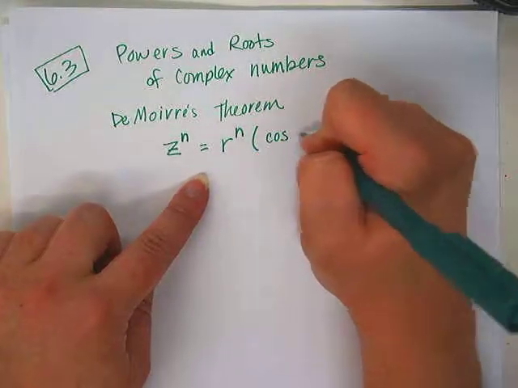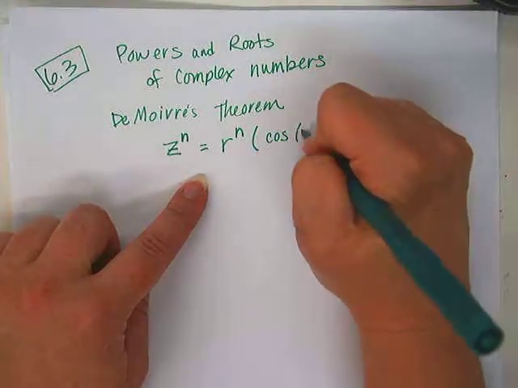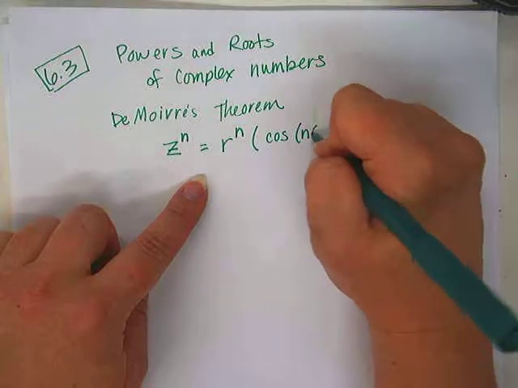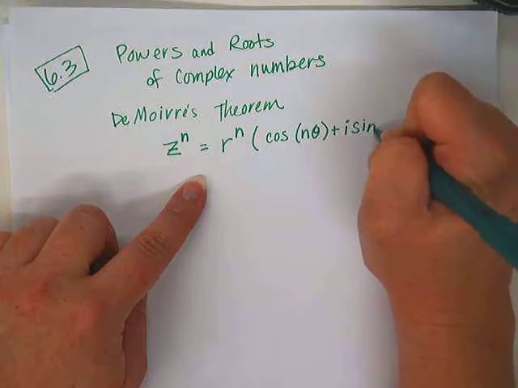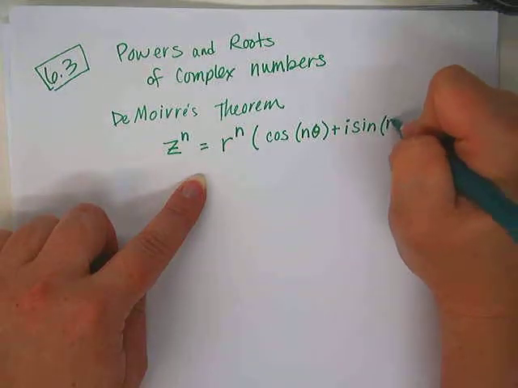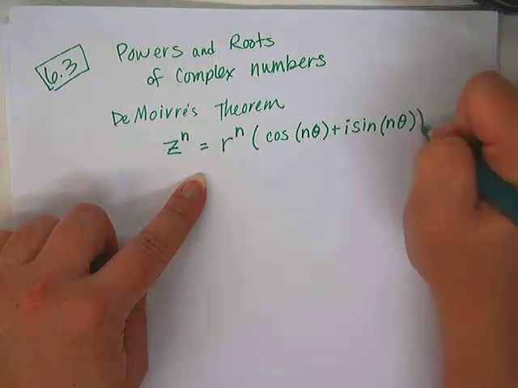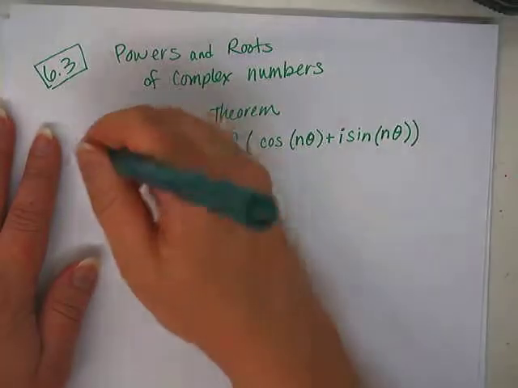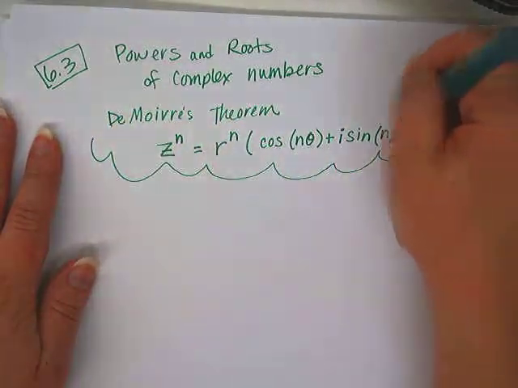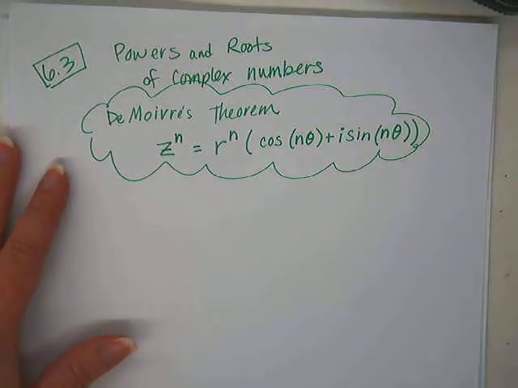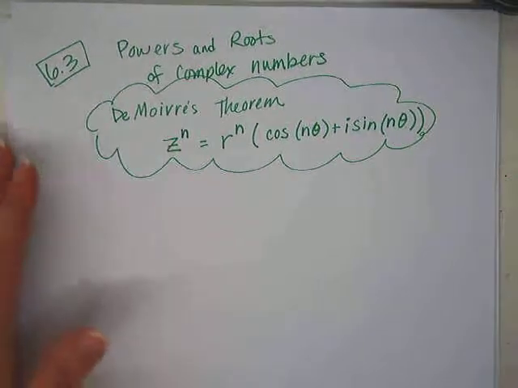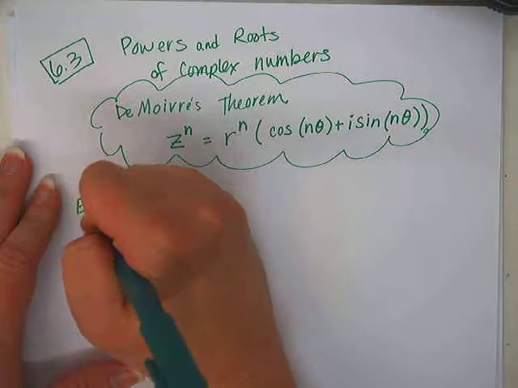And then we just do the cosine of that power times theta plus I sine of that power times theta, and there's your formula to find powers. Okay? Let's do an example.